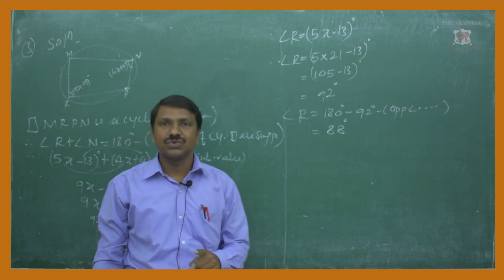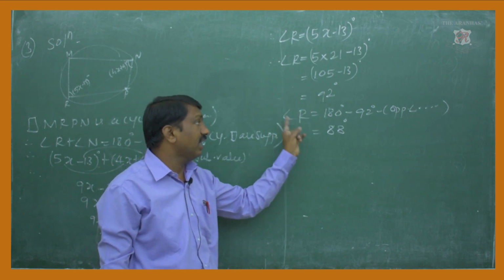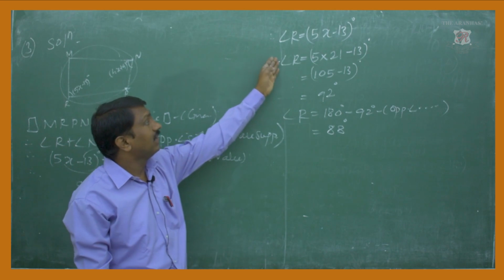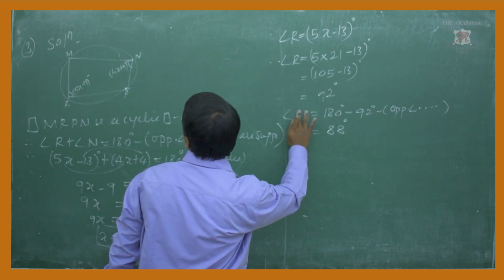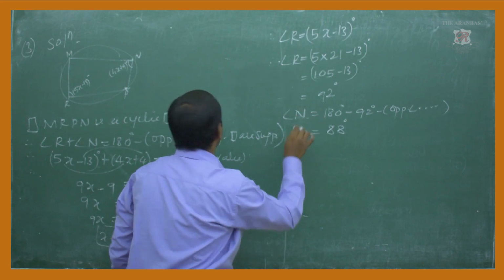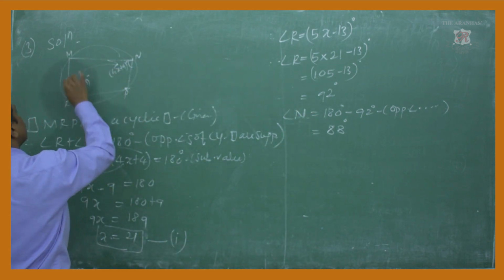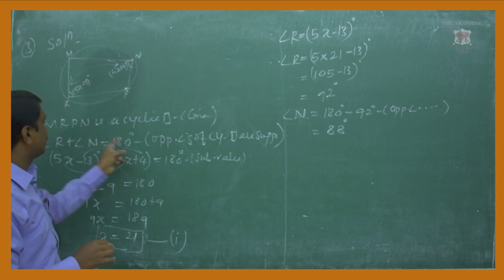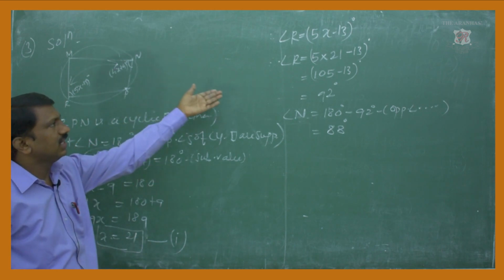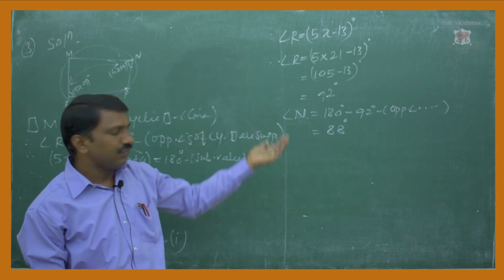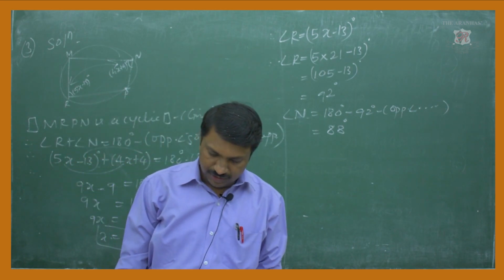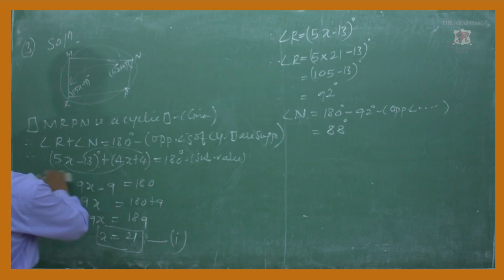This is the 2 marks question. Angle R is 92 degrees, and this is the angle N. Opposite angle concept we apply, because angle R plus angle N equals 180. If we get angle R, we substitute it to get the value of angle N. Now after this, question number 4 we'll see.